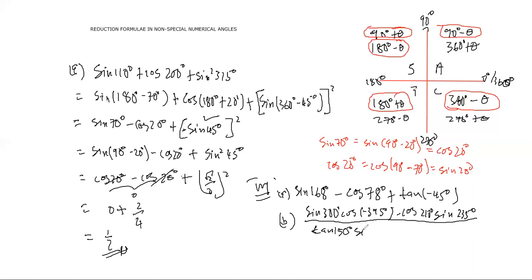And then sine 775 plus cos of minus 30, and then cos 215. Try this too, guys.